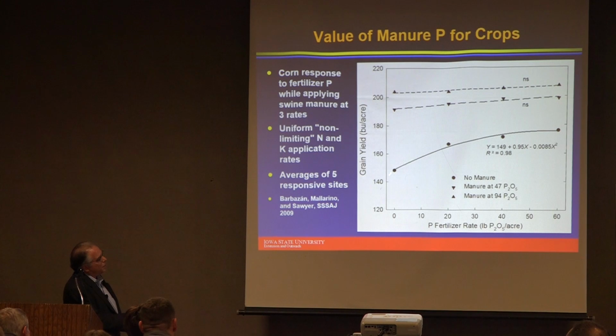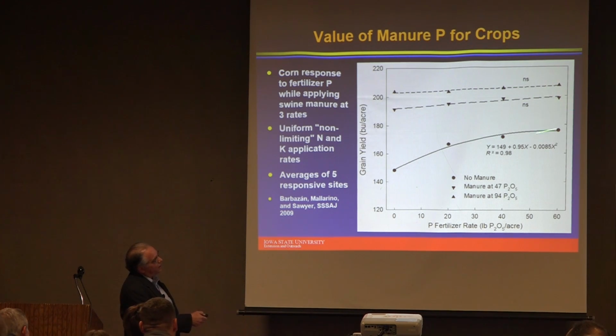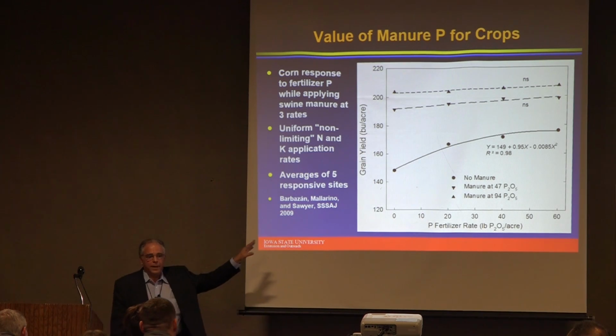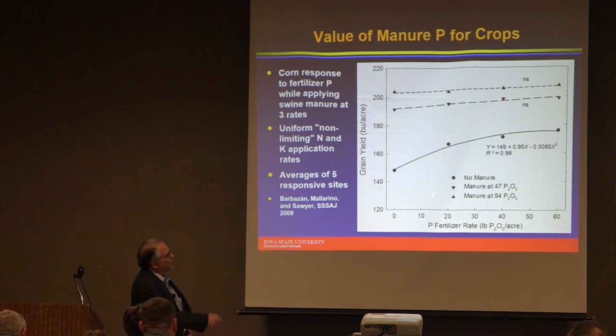Okay, you see, when we apply manure, even at a rate that does not supply all the nitrogen needs for the corn, we don't get any effect of the fertilizer rate. And in fact, we see this manure effect even though we apply supposedly non-limiting nitrogen and potassium rates across all plots. But see, with manure, we get a higher yield level.